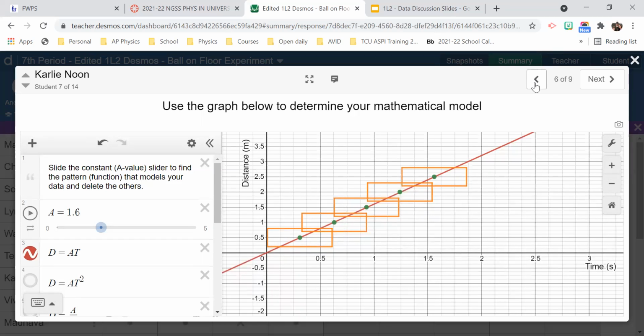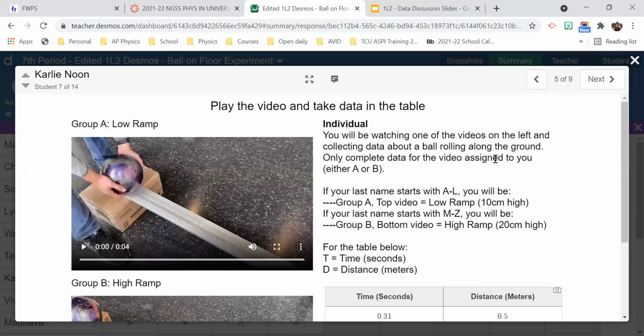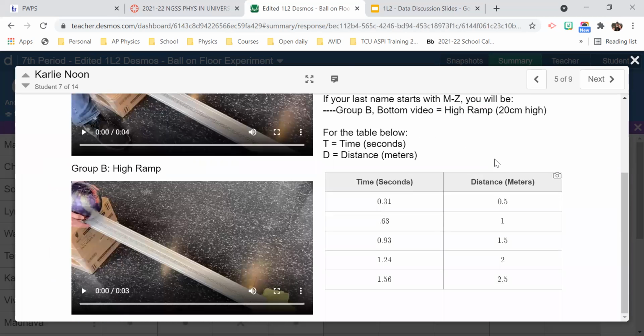So if we go back to our data table, it might be easier to see it there. We are increasing by about 0.3 seconds for every half meter. So from here, we go from 0.3 to about 0.6. That's 0.3 seconds for half of a meter. And then for that next half meter, it goes from 0.6 to 0.9.